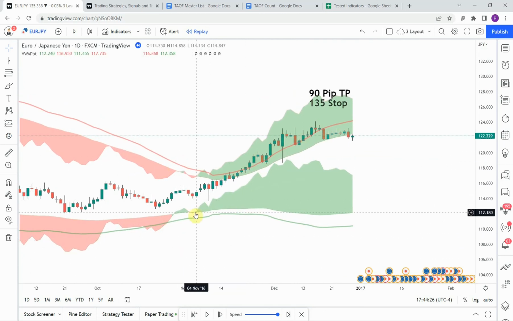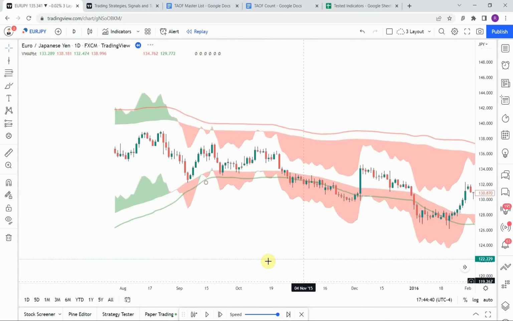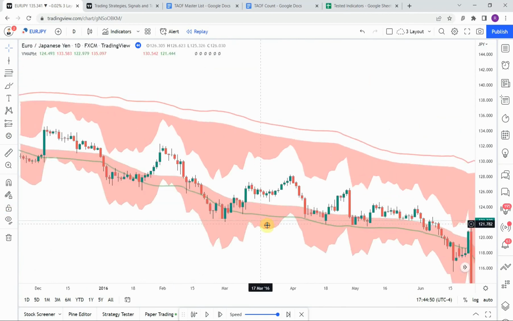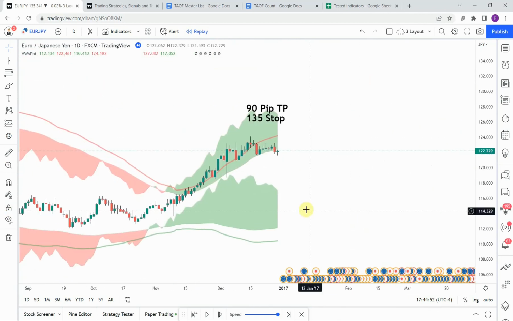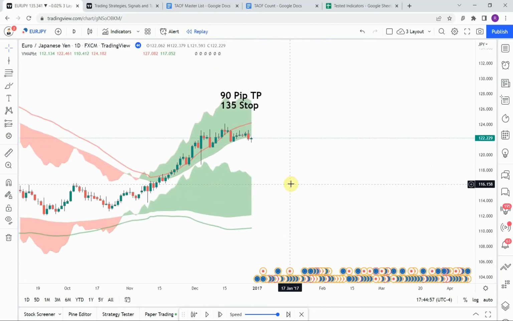For example, when we get a green coloration in the cloud and that cloud breaks out above the upper band right here, then we would go long. On the reverse side, when we get a change from green to red in the cloud and it breaks down below the lower band here, then we would go short. That's how we're going to test it this way. Let's go ahead and get on with the testing and see what we can get out of this.